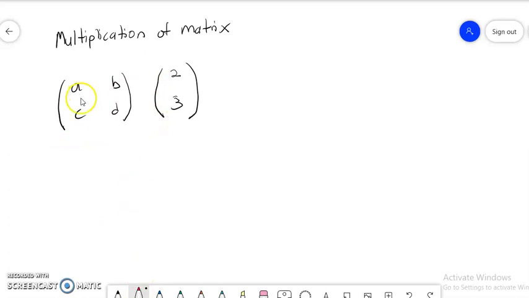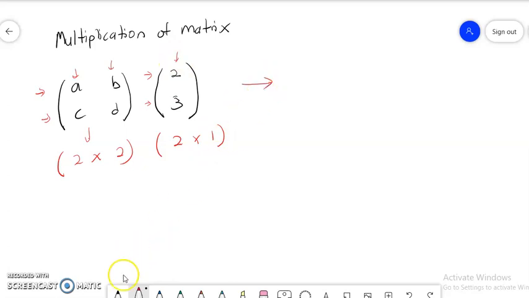What is the format for this matrix? The first is 2 by 2, which has 2 rows and 2 columns. However, the other matrix is 2 rows by 1 column.